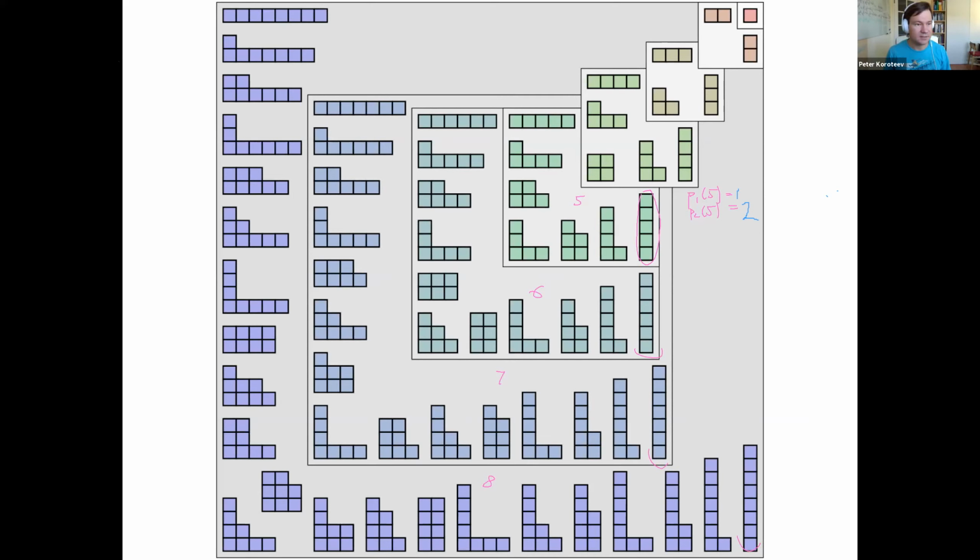I'll help you with p2 of 5, p3 of 5, p4, and then p5. Then let's use a different color for 6. For 6, we have p1, p2, p3, p4, p5, p6, and so on with the 7.